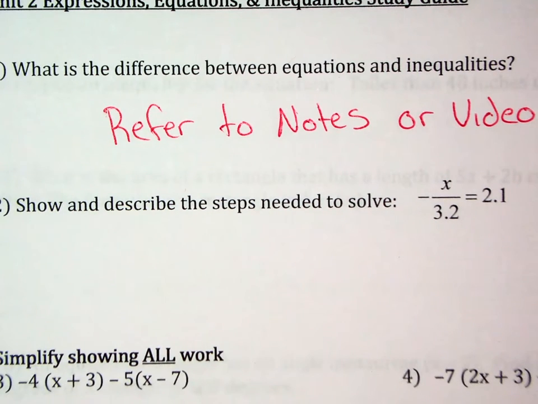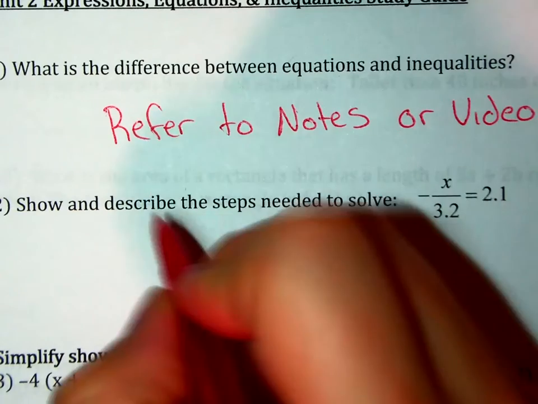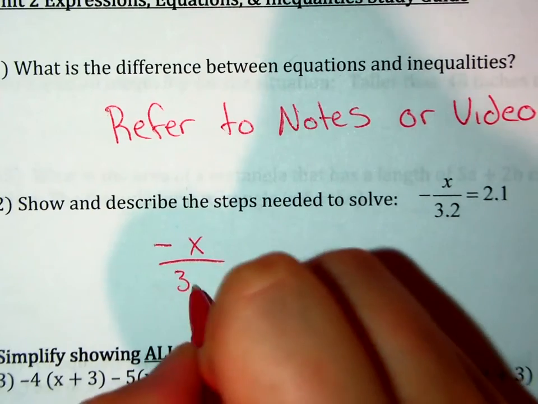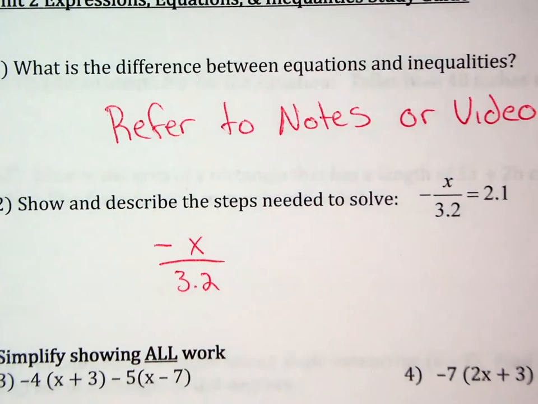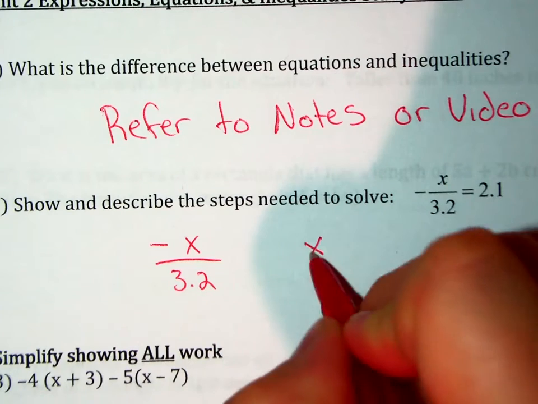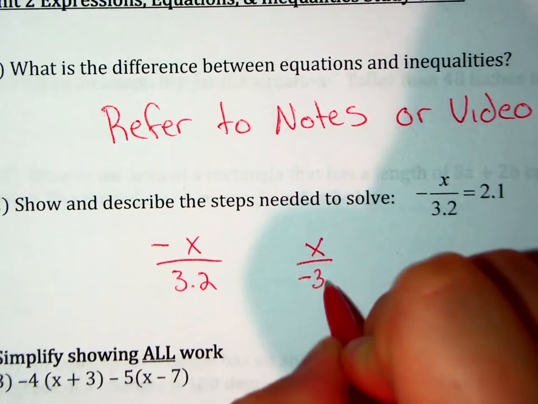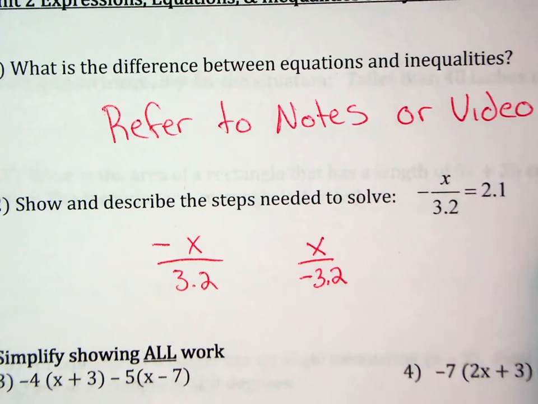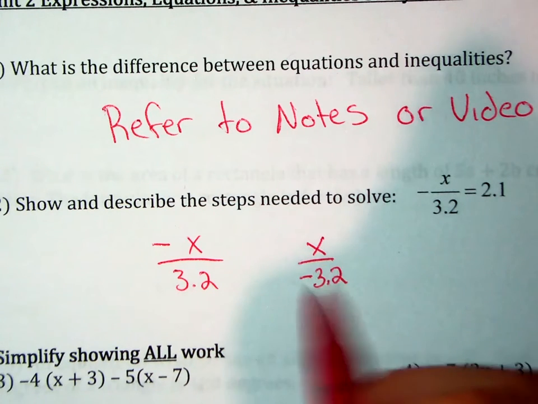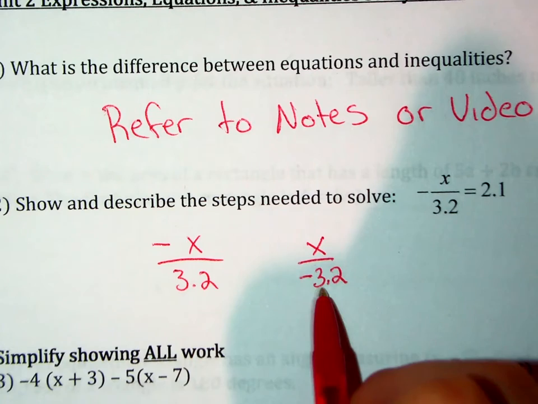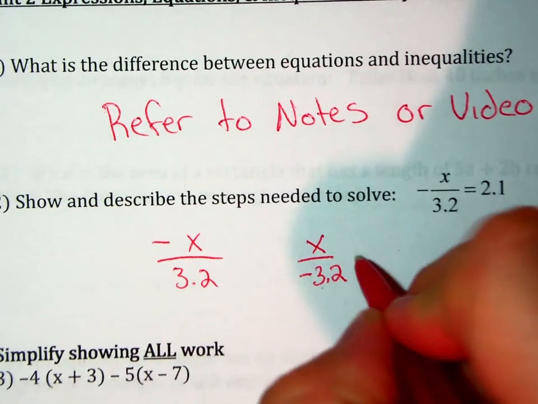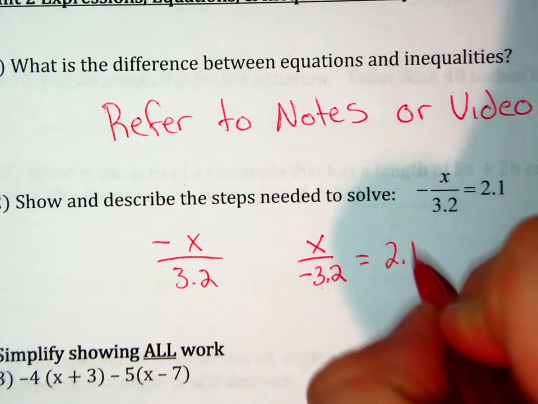Now, my first step, since I have negative x over 3.2, which is the same thing as me writing x over negative 3.2, I'm going to deal with the x over negative 3.2 because that will allow me to not only get rid of my number on the denominator, but also get rid of my negative for this fraction both in one step, equals 2.1.